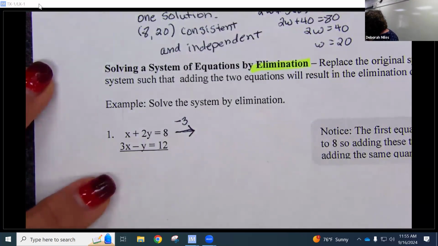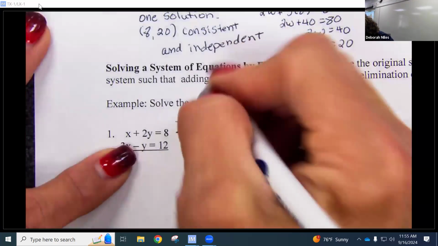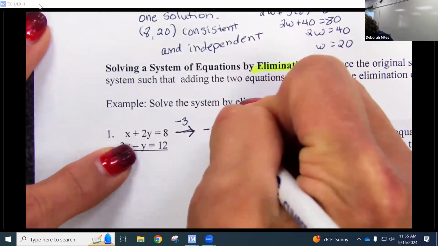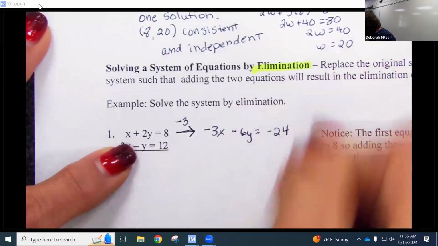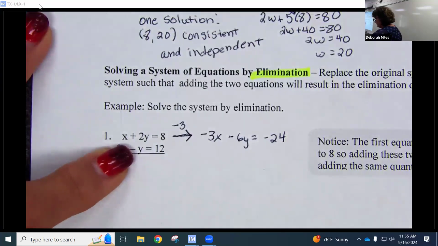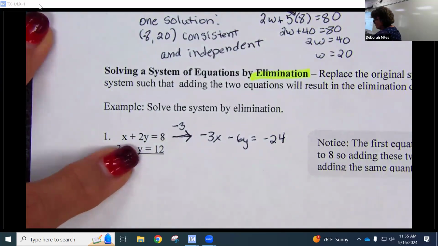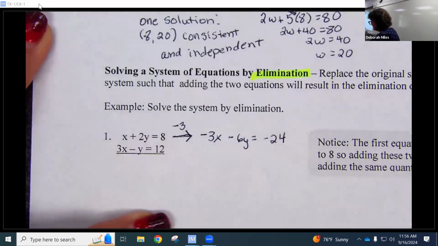Both sides of that equation by -3, it will become -3x minus 6y equals -24. That's what the top equation becomes when I multiply both sides by -3.